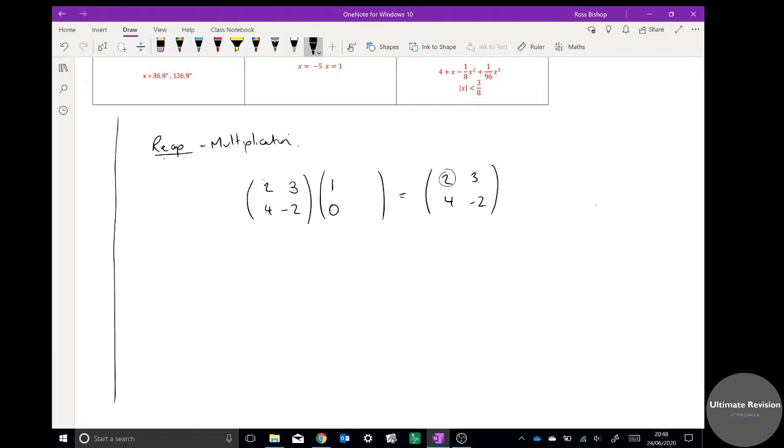Similarly, for the top right one, I need 2 times 0 plus 3 times 1, which will give me the 3 at the top there.